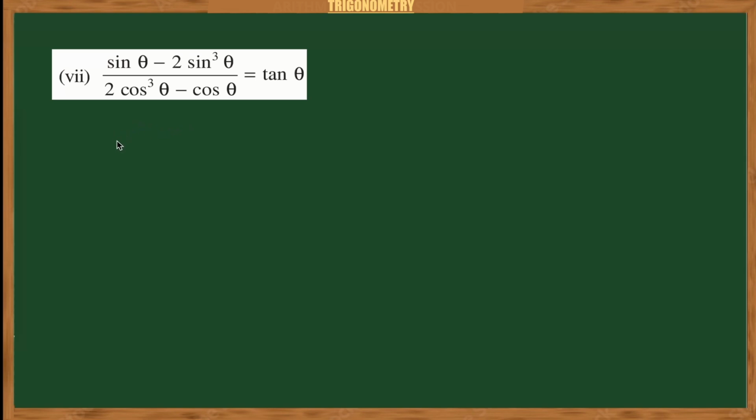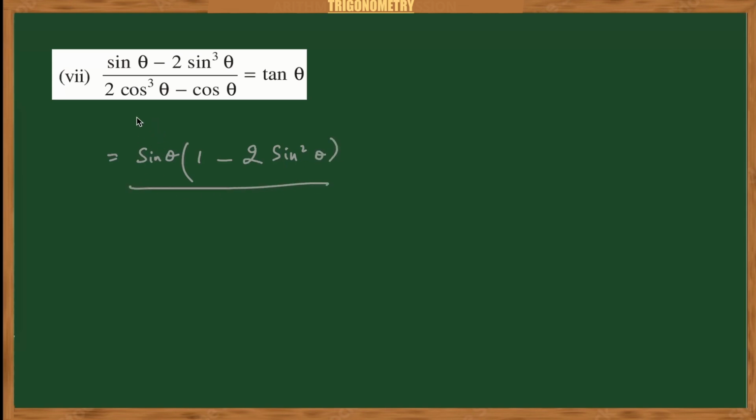So let's go ahead and start with this. Here we can take a common factor to make it square. Let's bring this sin theta outside. So what will be left? 1 minus 2 sin square theta, since we have taken out one sin.